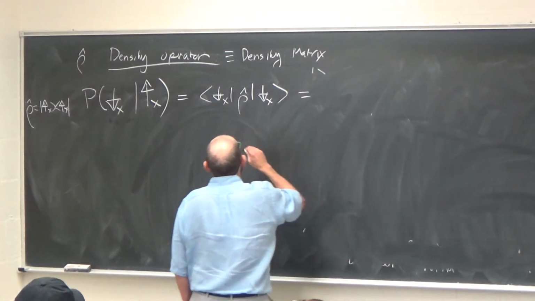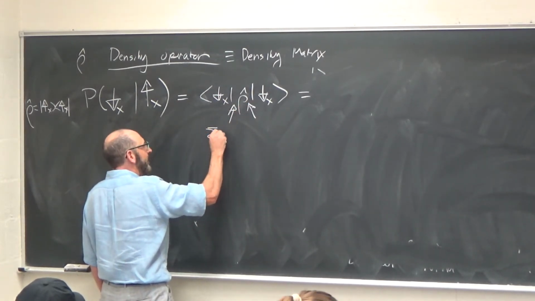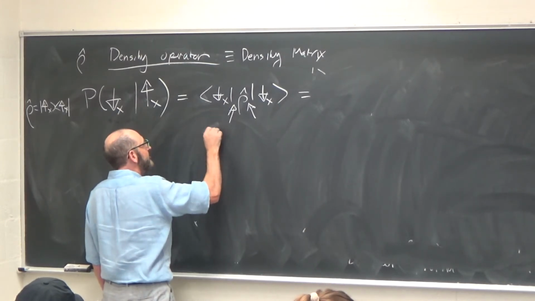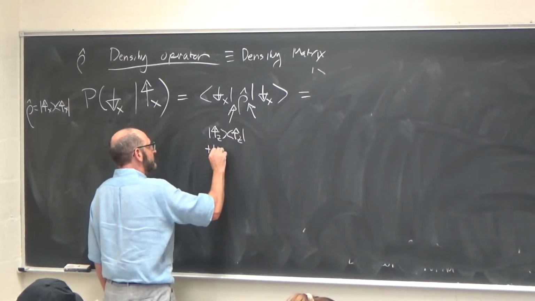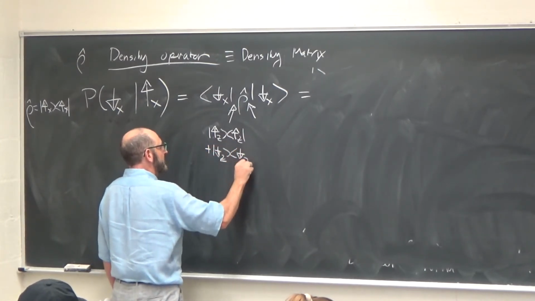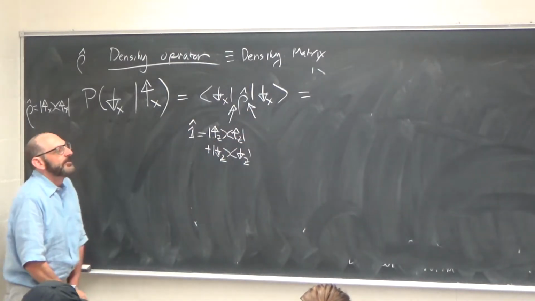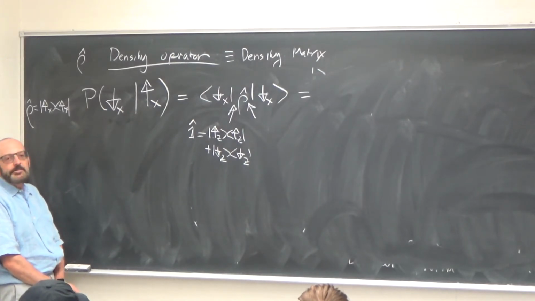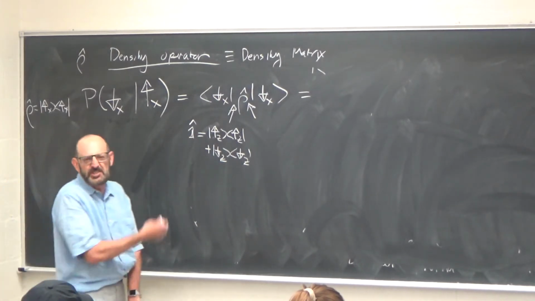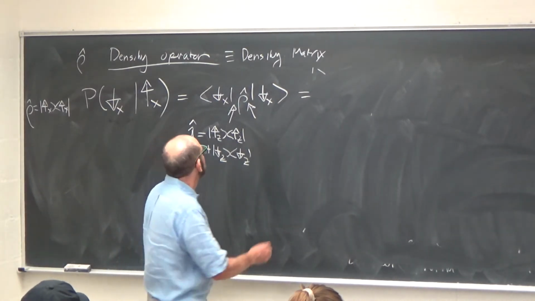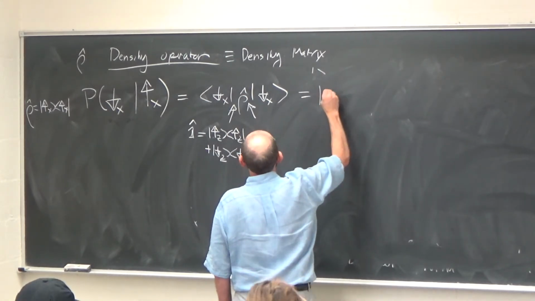Now, I'm going to stick in here a complete set of eigenvectors along Z. I'm going to put a resolution of the identity as a sum of projectors up along Z and down along Z, and just shove that in there. Everyone would agree I could always do that. It's just changing the basis from X to Z. And what do I get when I do that? Well, I'm going to get the terms that look like this.